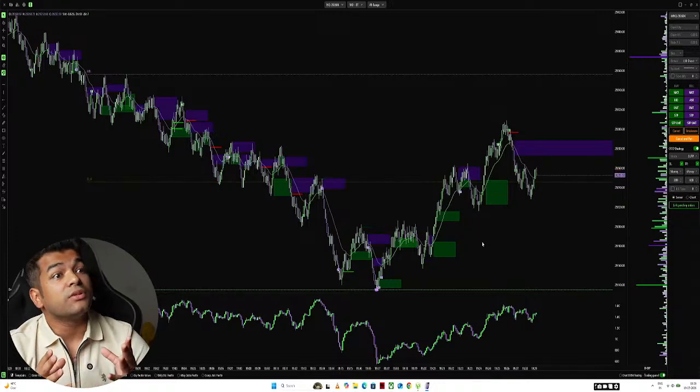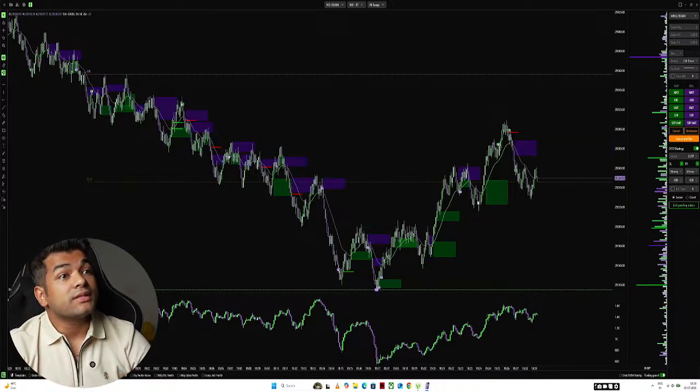In this example, the purple area is the sell effort area, where the sellers tried their effort to take the price down, but it's still holding.